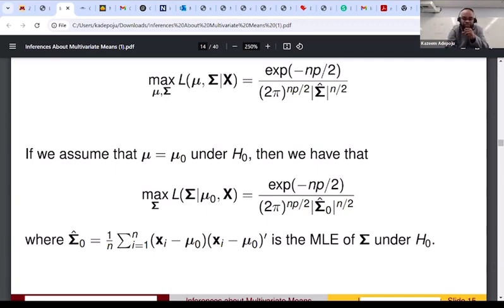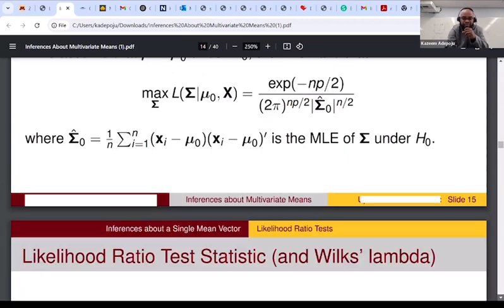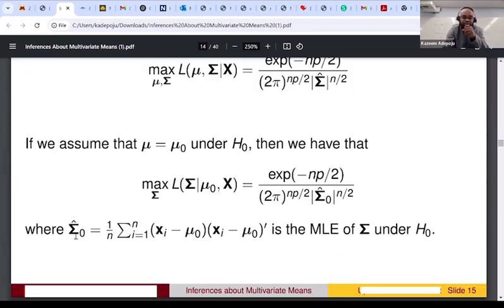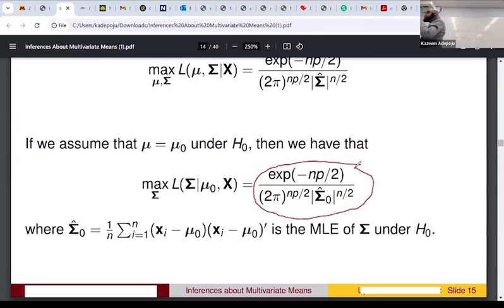Now I need you to pay attention. I'm also going to do the same for the alternative. You know what I have here now? That is for the H0.